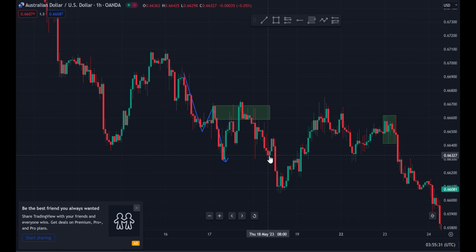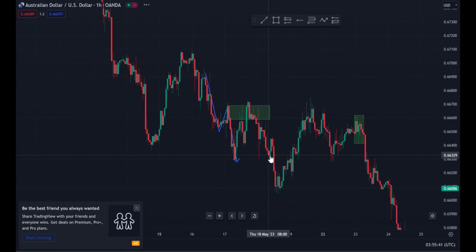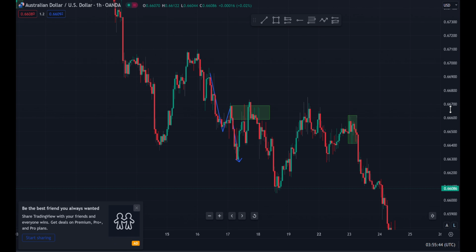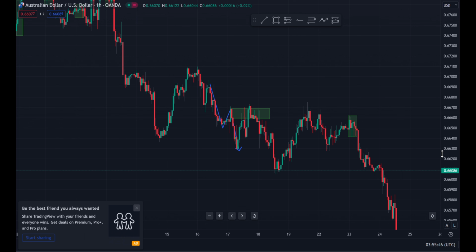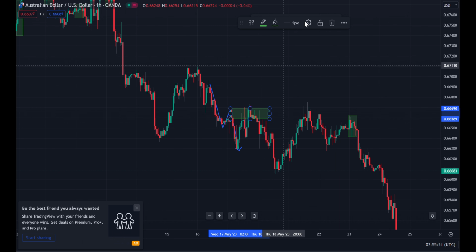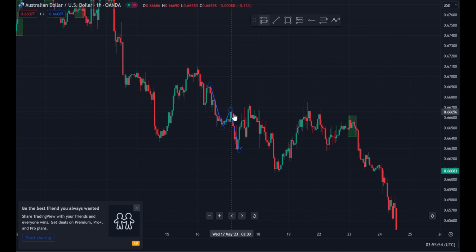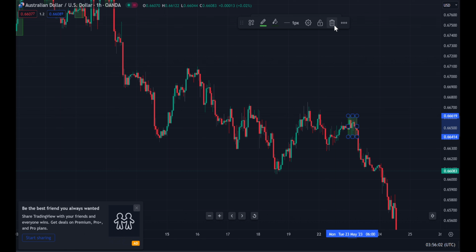So let's move to another setup. Let's look back and look for ranging markets, because they are the most useful in showing us these types of setups, which are called rally base drop and drop base rally. As we're already in a downtrend on this chart, let's look through the first setup, which is the rally base drop setup.